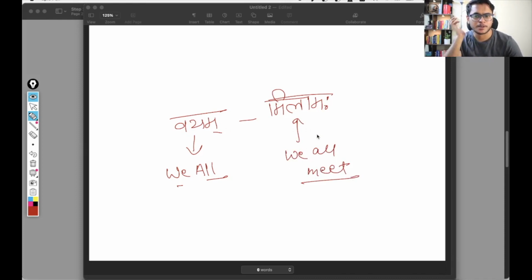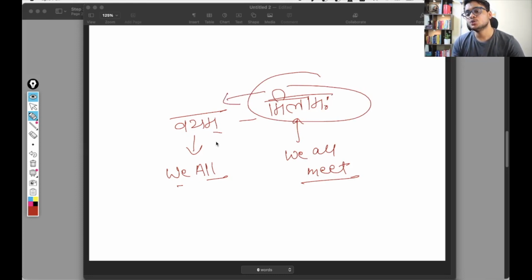So see how this verb changed according to how many persons are doing it. If I was the only one meeting, I will say aham milami, like aham pathami. But when there are a lot of people, vayam, it changes into milamaha. Remember pathami, pathavaha, pathamaha, milami, milavaha, milamaha.